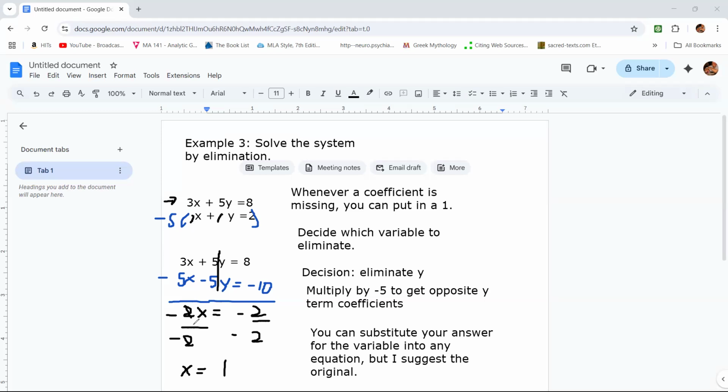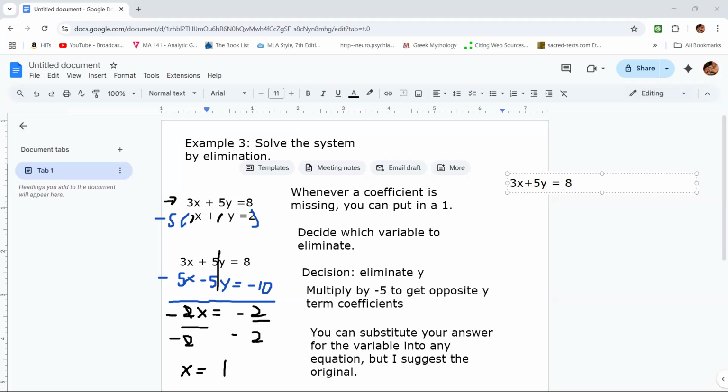So here's what this process looks like. I'm going to copy this equation over here on the right, so we have more room. I'm going to bring it over here. This is 3x plus 5y equals 8.